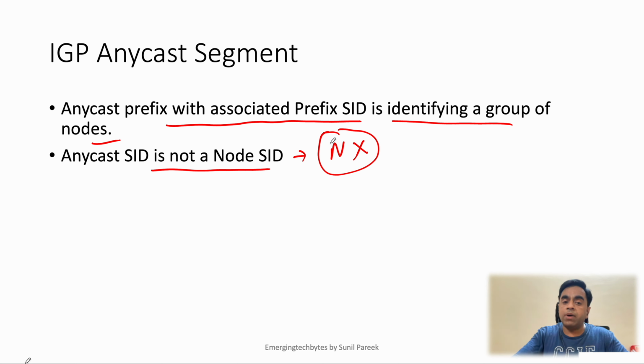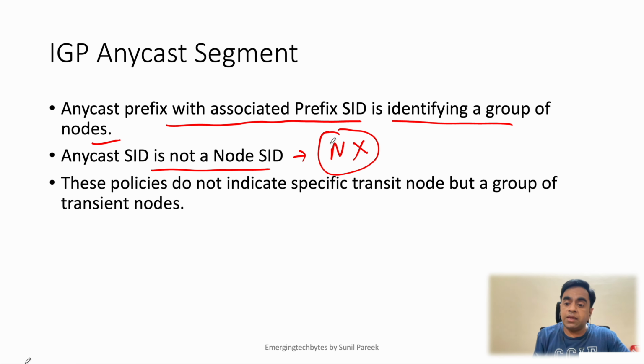And now coming back to our anycast SID, as the anycast prefix is assigned to multiple nodes, that means this anycast SID does not indicate any specific node, but it represents a group of nodes.